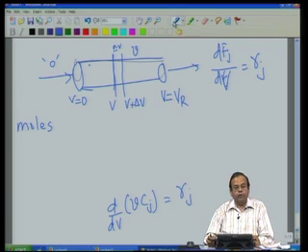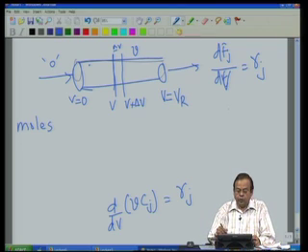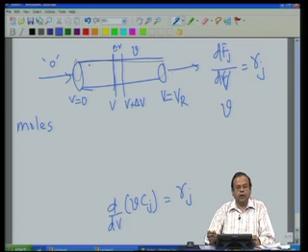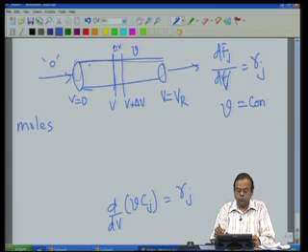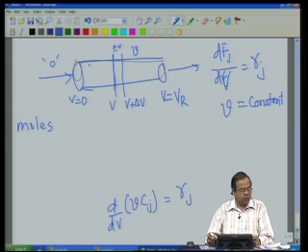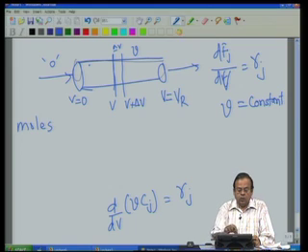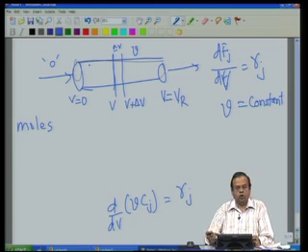If and only if the volumetric flow rate is not changing along the axial direction, that is, V is constant. That's condition 1. Then the diameter of this tubular reactor is constant.